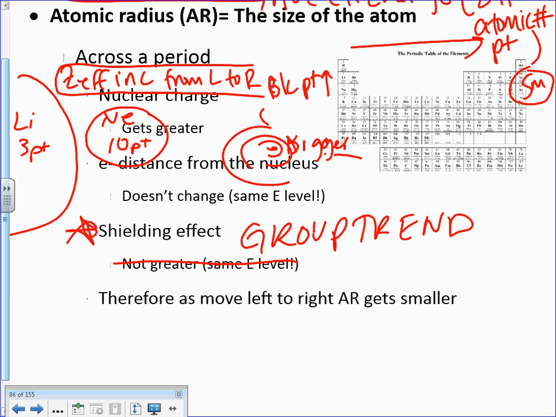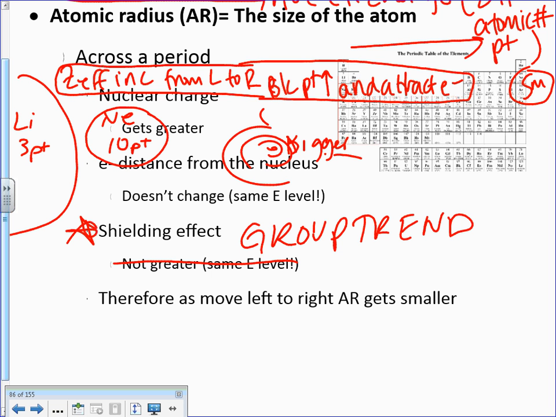And if protons are increasing, what is that doing to the size of the atom? Getting smaller, because it's very attractive. So ZEF is increasing from left to right because protons increase and attract electrons. Therefore, it's getting smaller. Kind of a one-sentence deal there. Narrowed it down. That's how the atomic radius differs.